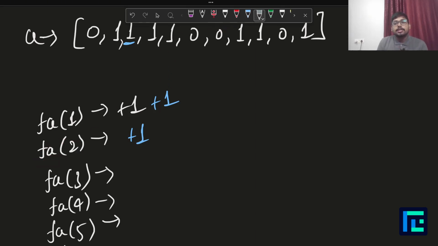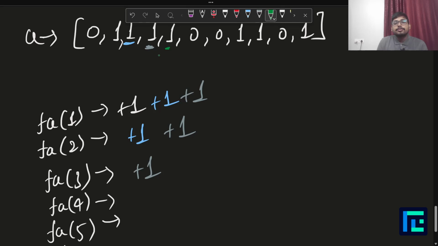Next, let's say you move to this one. Now this one individually would contribute a plus 1 to a subarray of size 1, these two together a plus 1 to subarray of size 2, and these three together would contribute to a subarray of size 3. So a plus 1 there.